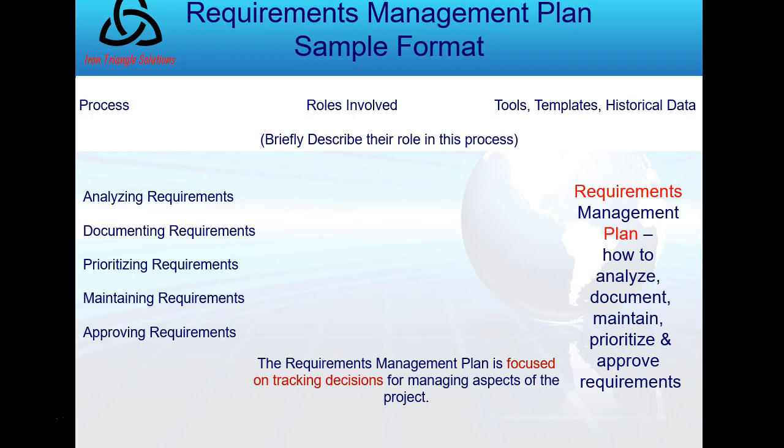Why would I prioritize requirements? Because likely I'm going to collect more requirements than I'm budgeted for, or than my schedule allows for, or that is outside of what was defined in the charter success criteria.